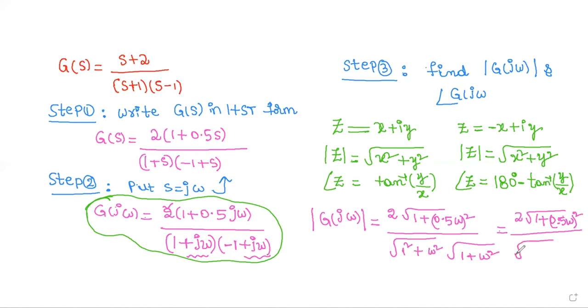So I can write this as root over (1 plus omega square) whole square, where the root and the square get cancelled.